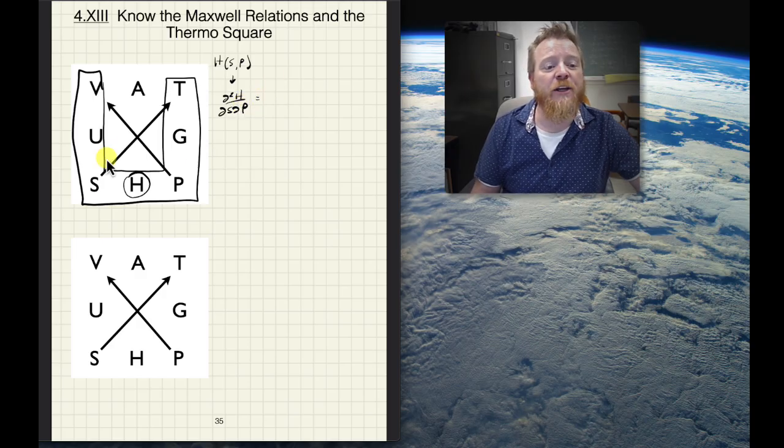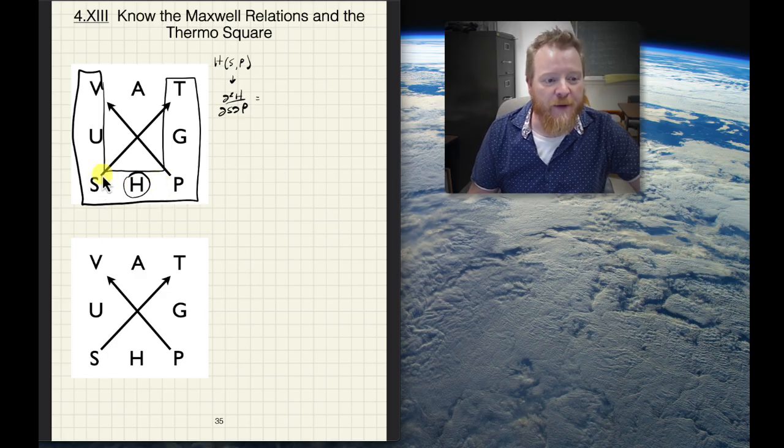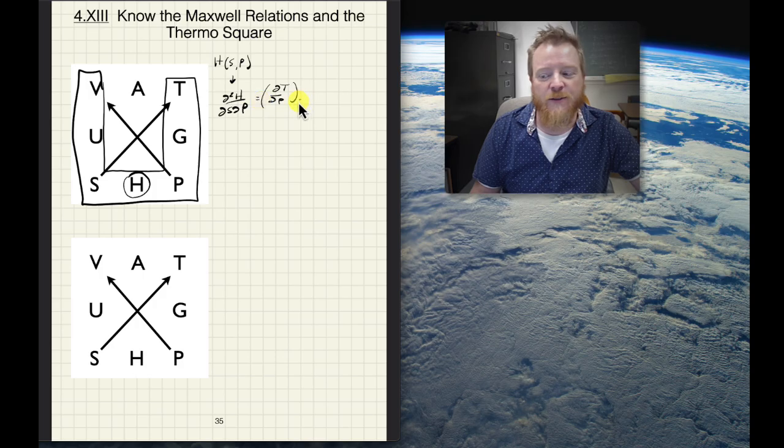And now we're going to use these arrows in this trough to work out this Maxwell relation. So I'm going to start with the constant S arrow, and I'm going to travel up, and that takes me to the T. And now I can write partial of T by partial of P at constant S. Okay, so that is one of our Maxwell relations.